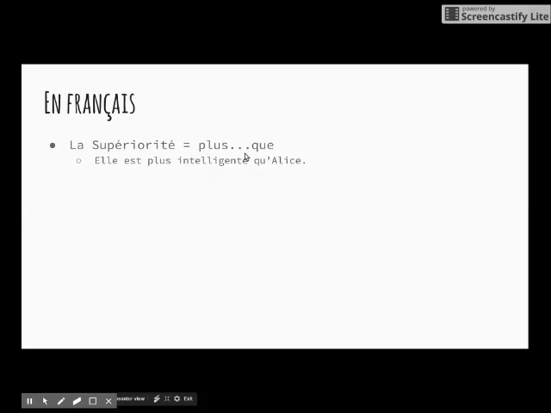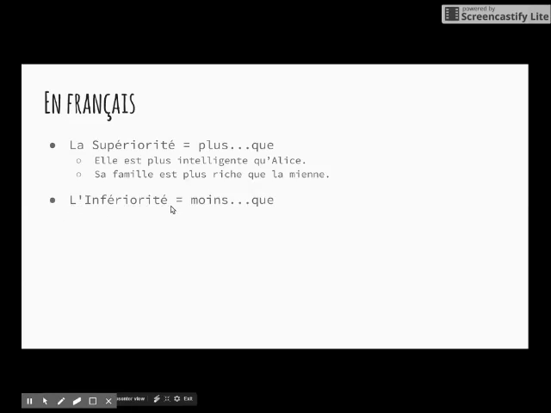Adjectif intelligente et oh, voilà, on doit faire l'accord parce que elle est féminine, intelligente qu'Alice. Sa famille est, on utilise être encore, sa famille est plus riche que la mienne. Voilà, en anglais, on utilise ER, mais en français, on utilise plus.